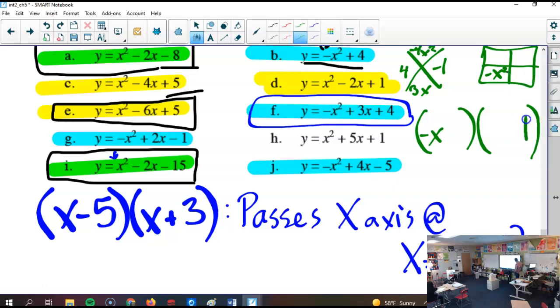So 1 and 4. Just stick with me here, thought experiment. This gets me negative 1x. This gets me 4x. It gets me negative x squared. Yay! Okay, but wait, put that in Desmos.